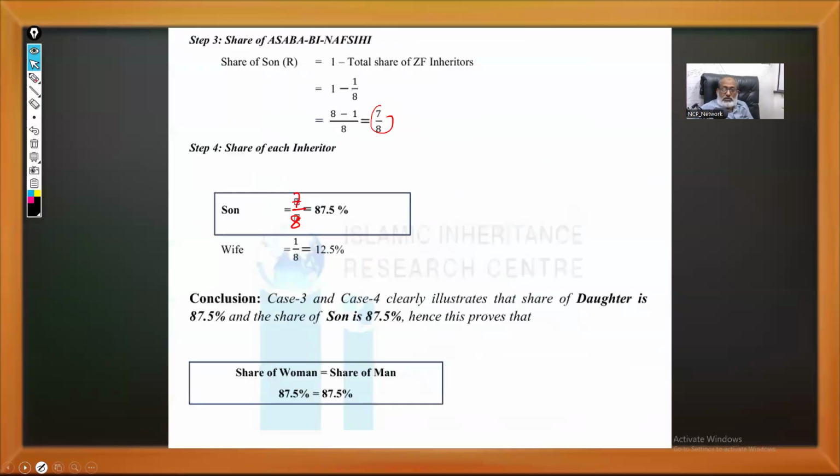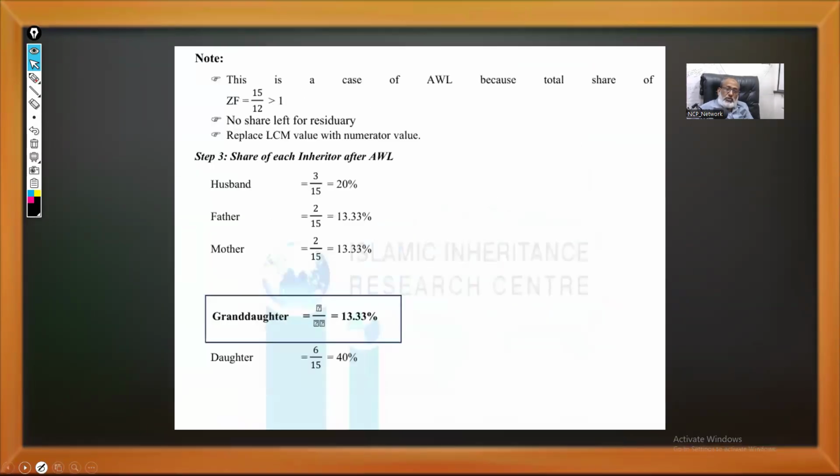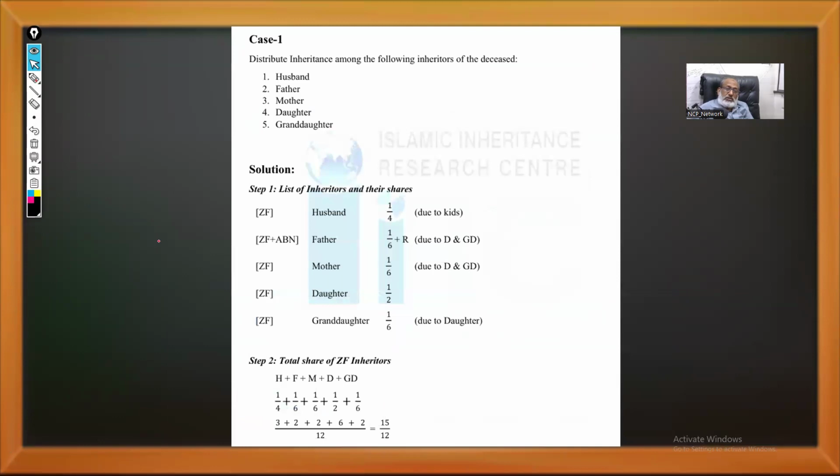And the third chapter is when women inherit but not men. In some cases, not all the cases, the woman is getting the share and the man is not. Let's consider one example here. In this example, we can see that a lot of heirs are there.